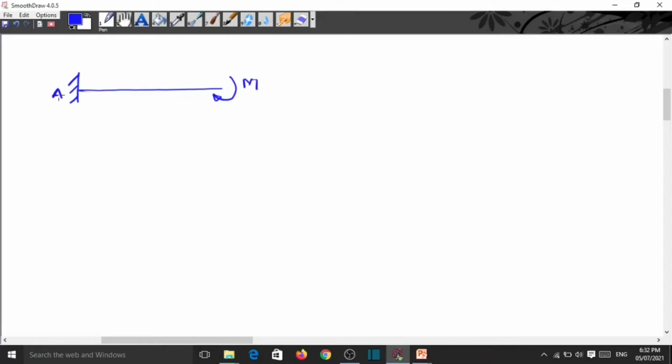This end is A and this end is B, and it has the length L. Now our aim is to derive the slope and deflection at the free end.